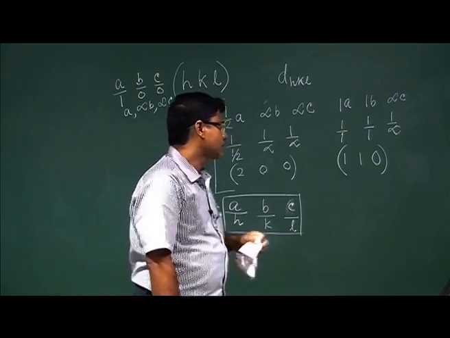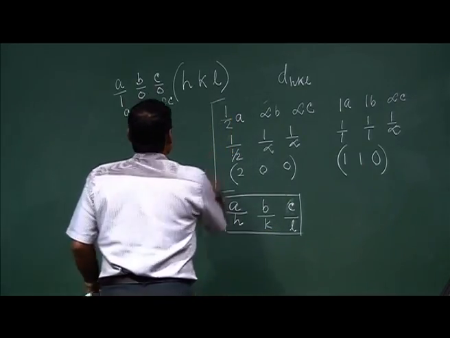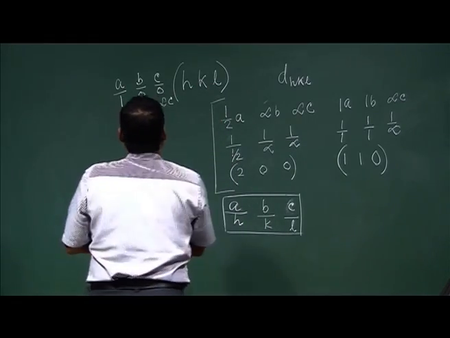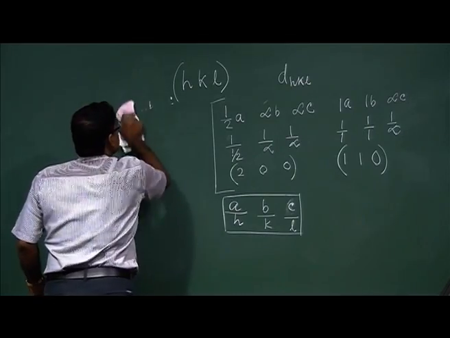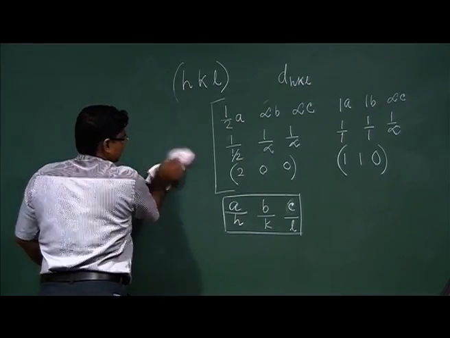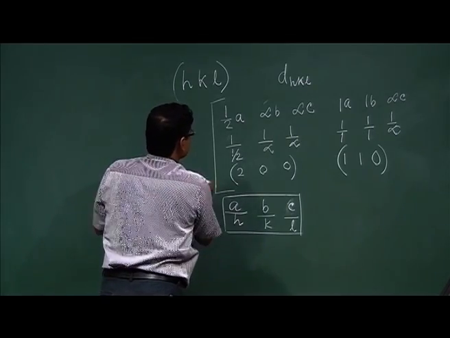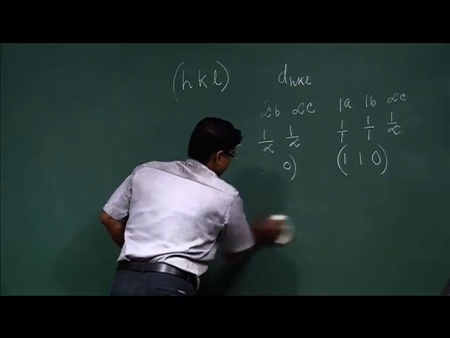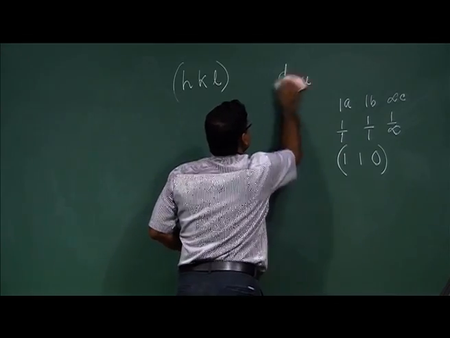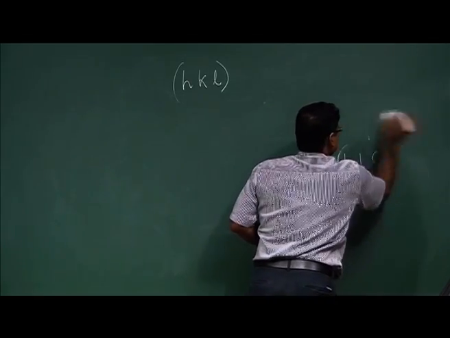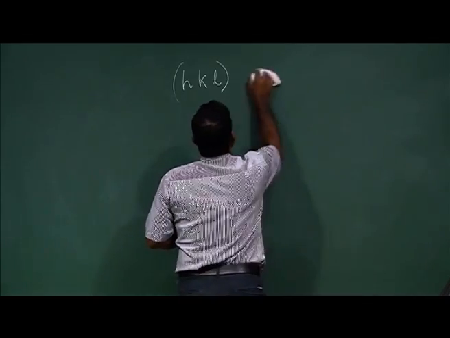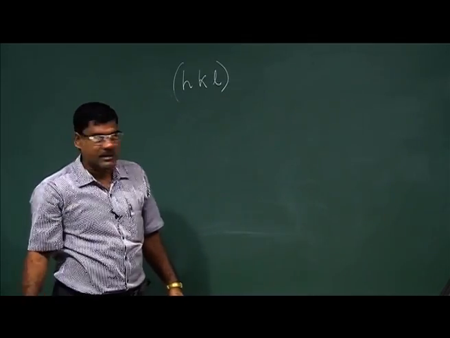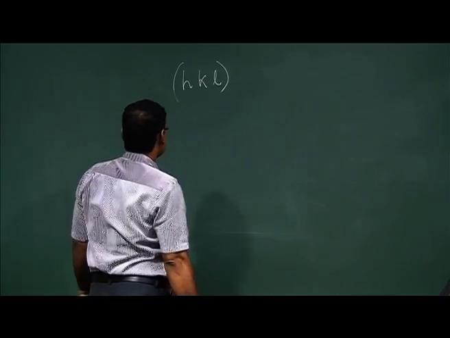The HKL plane is not one plane, it is one set of parallel planes. So it represents one set of parallel planes.